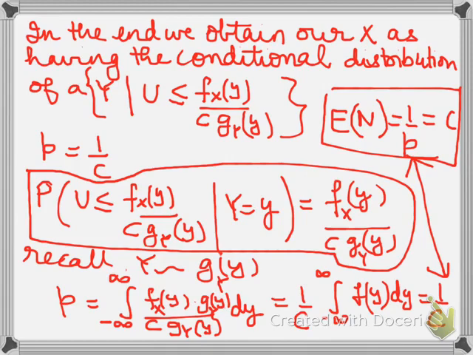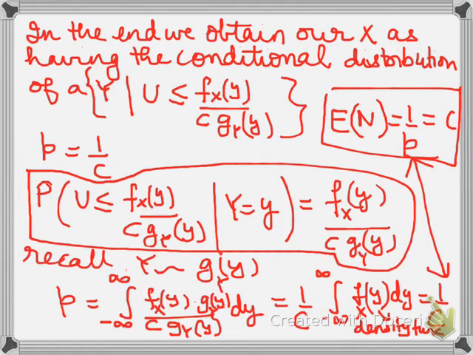So what you get is 1 over c, and these two cancel out, so it's 1 over c times the integral of f(y) dy, and because this is a density function, by definition it integrates to 1. So we get that p is equal to 1 over c.